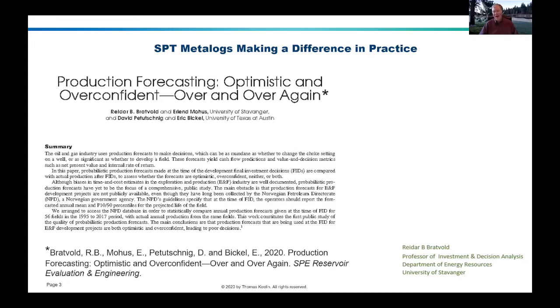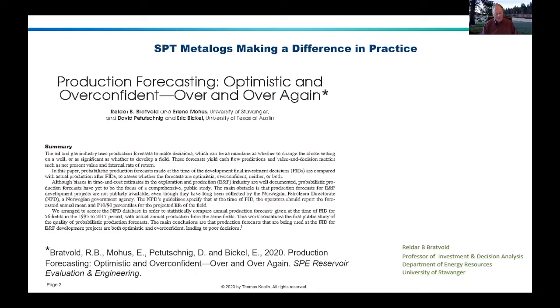That is, at the time the forecasts were made, there was a 10% chance of being less than this, and a 90% chance of being less than the 90% quantile. And then they also gave him a mean instead of a median. Now, they should have given him a median, but they gave him a mean.